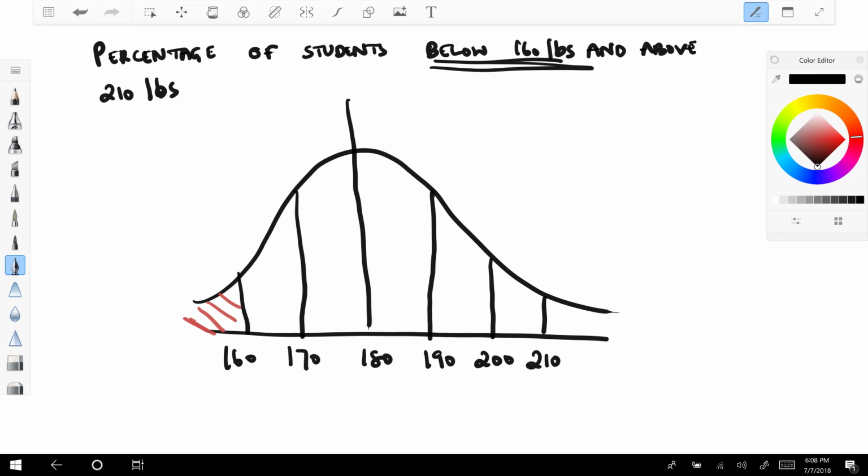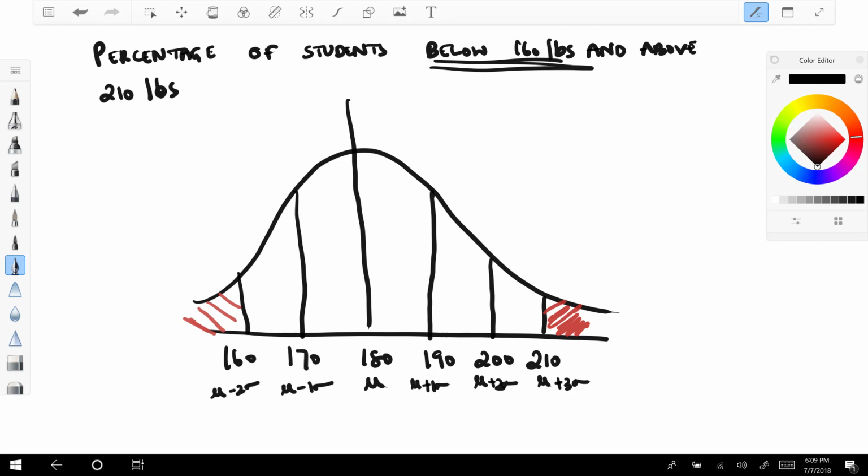So we are looking for this area. So this is mu, this is mu plus 1 sigma, mu plus 2 sigma, this is mu plus 3 sigma, and this is mu minus 1 sigma, and this is mu minus 2 sigma.